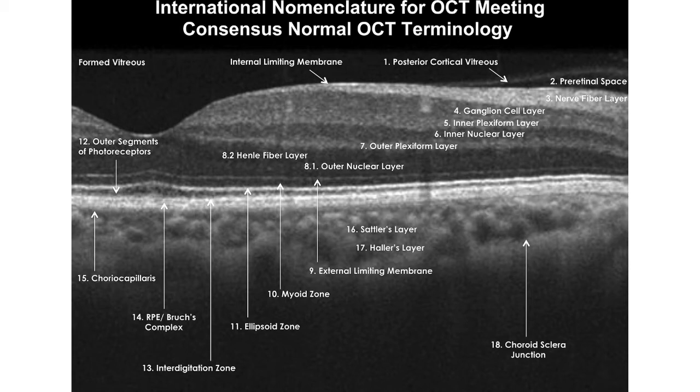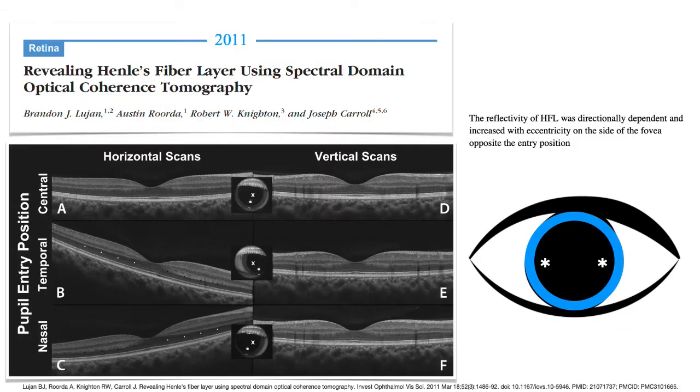From this image we are not able to distinguish where the Henle fiber layer is, and it is not distinguishable from the outer nuclear layer, which is the thicker hyperreflective layer just below.